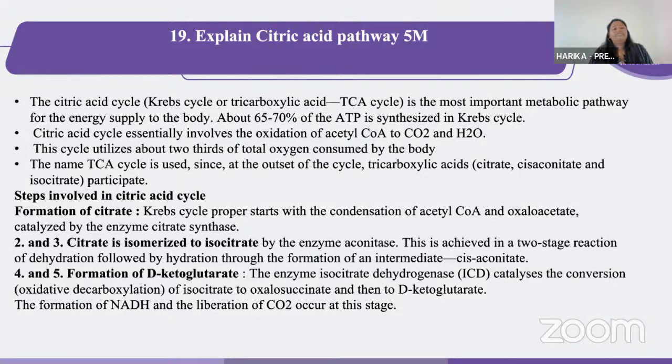Next, the deficiency of ornithine transcarbamylase leads to respiratory alkalosis and elevated orotic acid in urine. Again, the symptoms will be vomiting, hyperventilation, hepatomegaly. And the deficiency of arginosuccinate synthase causes citrullinemia. The symptoms will be the same: seizures, vomiting, poor feeding, lethargy, hepatomegaly.